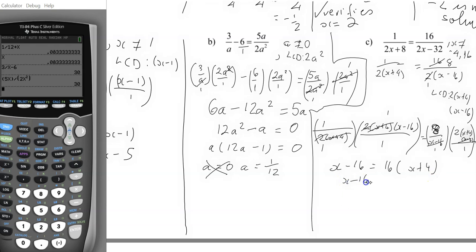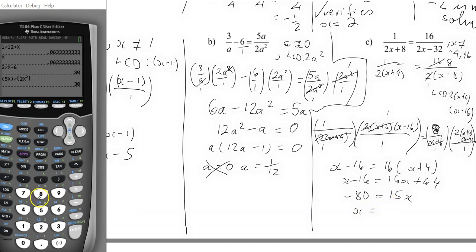And we expand, 16 times x plus 4 is 16x plus 64. Move that over there, and move that over there. So we'll get negative 80 is equal to 15x.